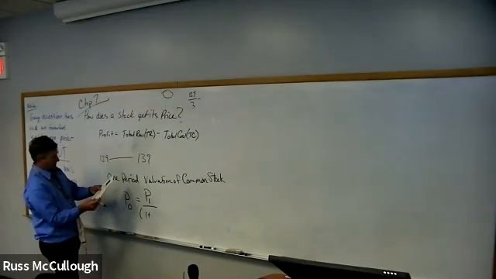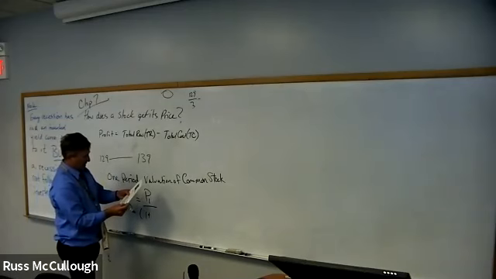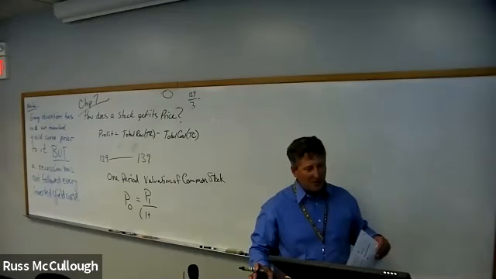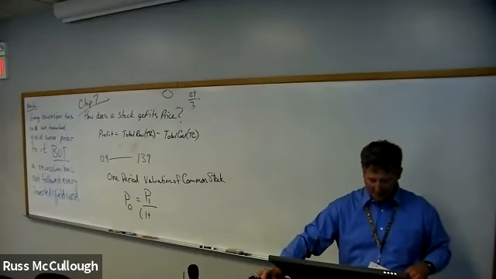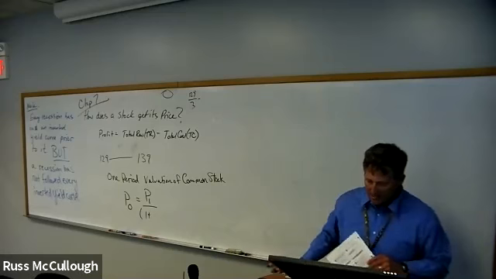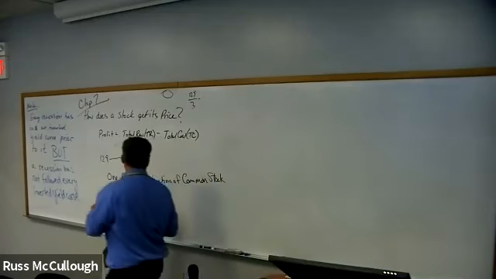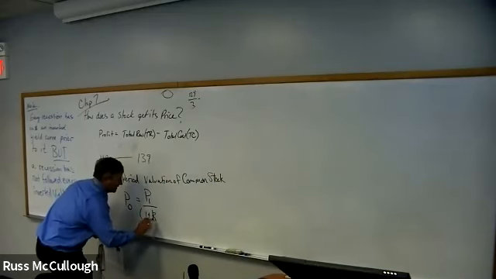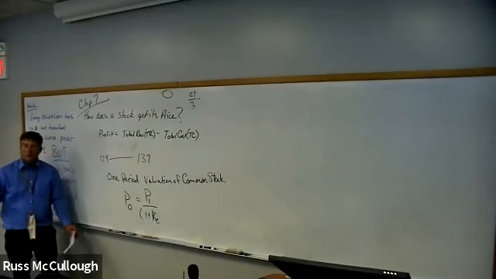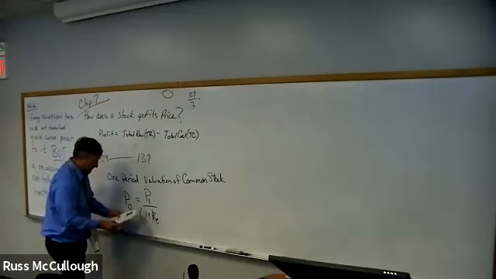The book is switching to K. Yeah, KE. So your book is using a little script k. KE is your required return, so your opportunity cost.